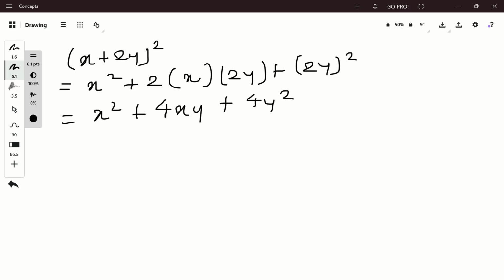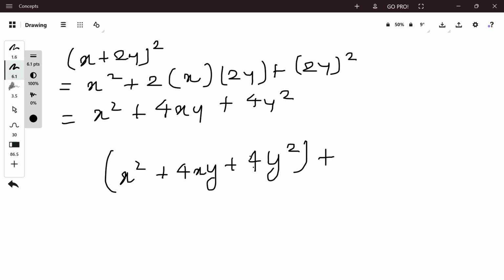Substitute the expanded term back into the original equation. We have x square plus 4xy plus 4y square plus x square y whole square is equal to 100.